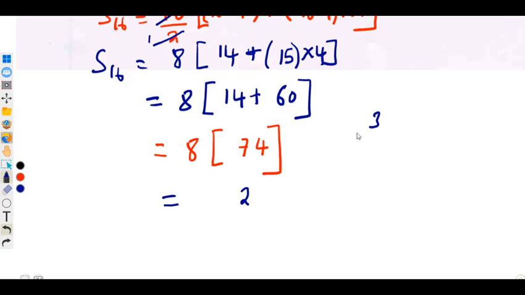So 56 plus 3 will give you a 59. So this will be the value when you multiply 8 times 74. So the sum of 16 terms was equal to 592.